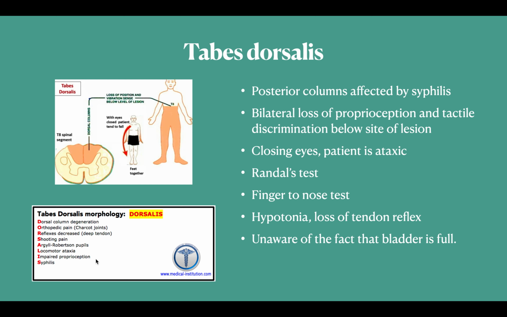So here's the morphology: dorsal column degeneration, orthopedic pain, reflexes are decreased, shooting pain, Argyll-Robertson pupils. We'll go through that later, but there's going to be a problem in pupil constriction, locomotor ataxia, impaired proprioception, and the cause, syphilis.